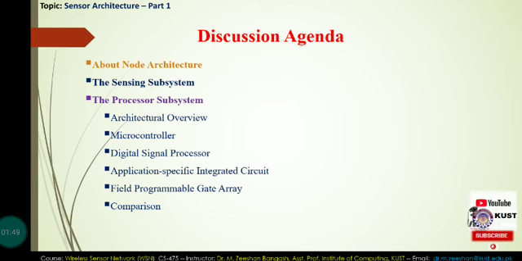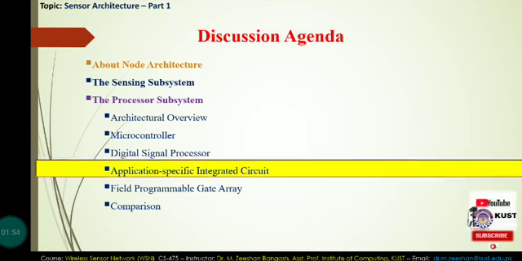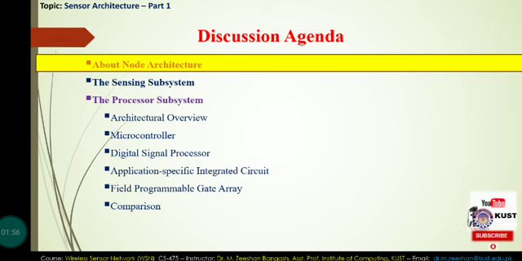So let's start with the first agenda, and that's the node architecture. The wireless sensor node consists of different subsystems, and there are different integrations of the sensor nodes that are part of this wireless sensor network.